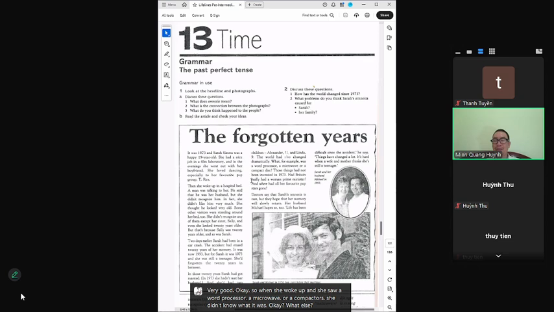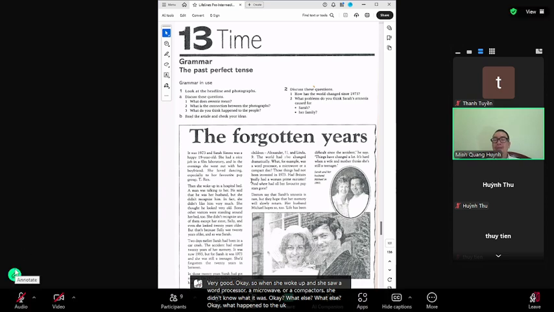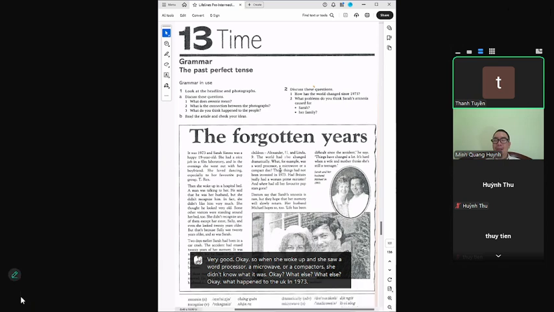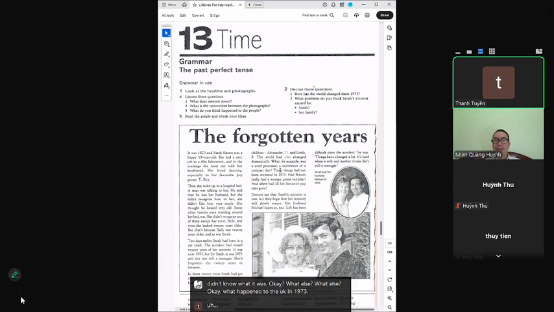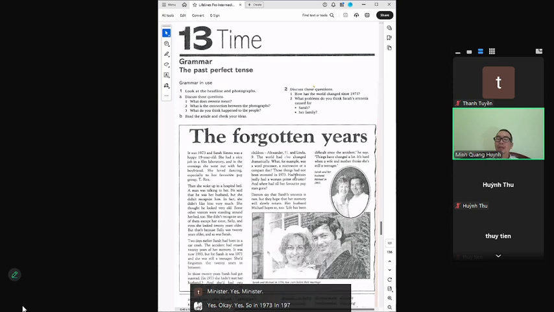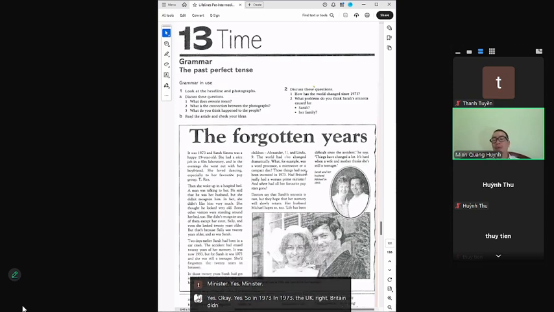What else? Okay, what happened to the UK? In 1973, the UK didn't have a woman prime minister. Prime minister, yes. Okay, so in 1973, Britain didn't have a female prime minister.